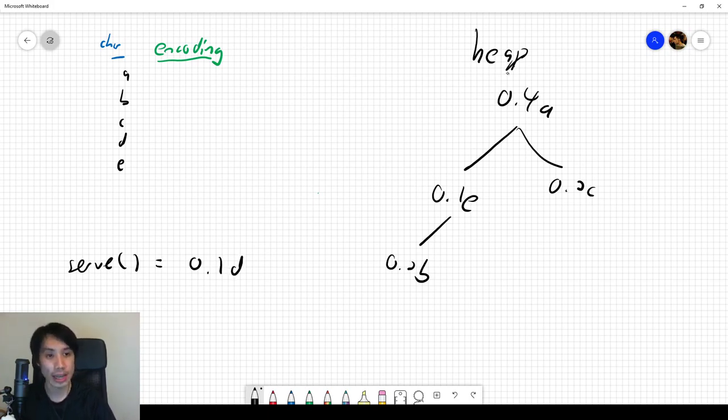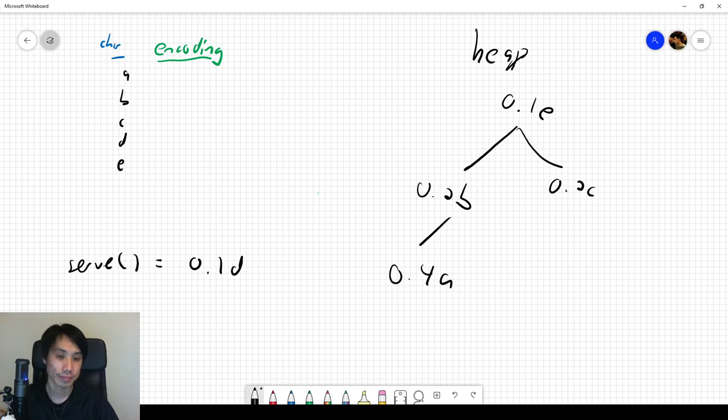Okay, then I perform a sink, right? So I swap these two, 0.4A, 0.1E, then I continue my sink, 0.2B, 0.4A, 0.4A. Okay, then I need to serve again, right?